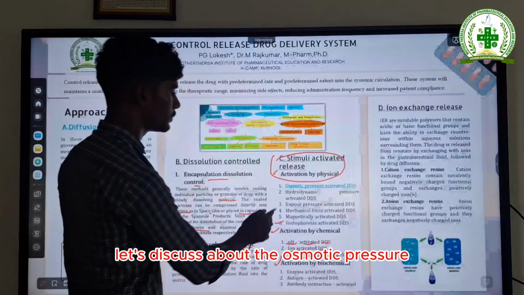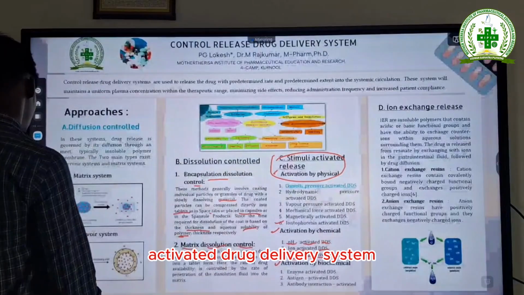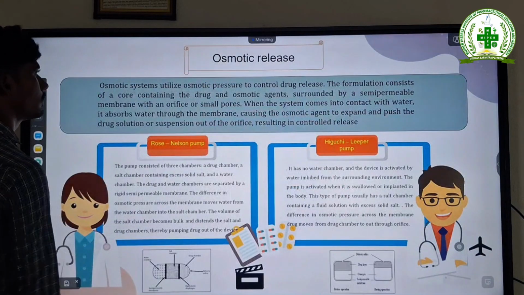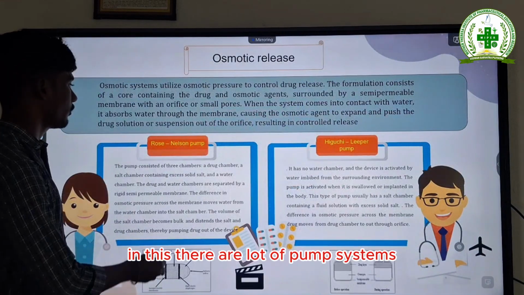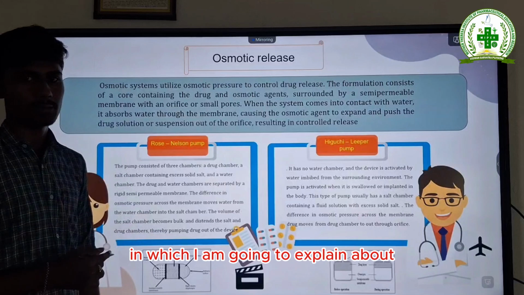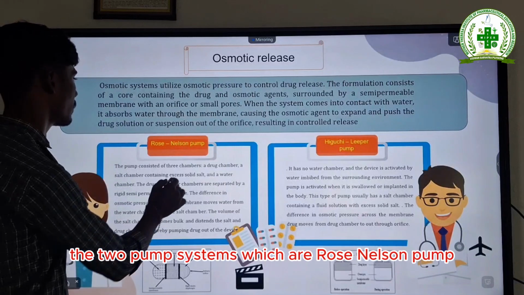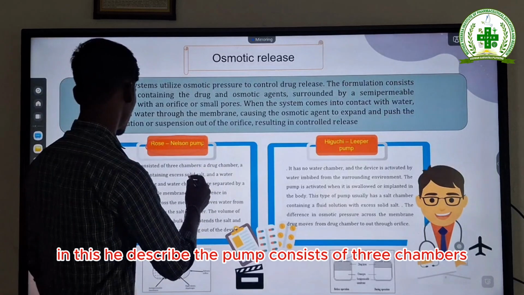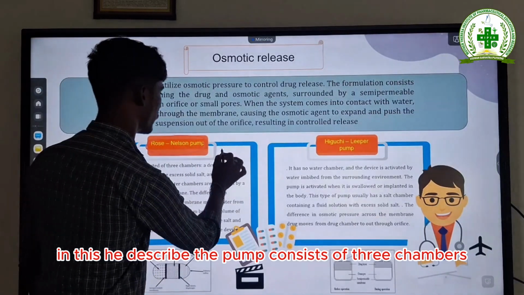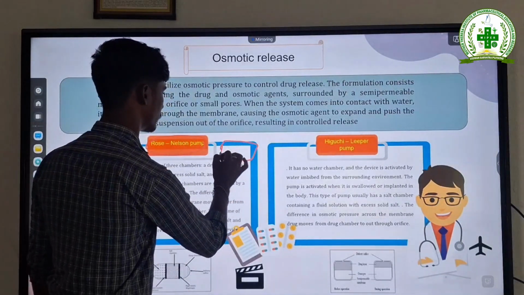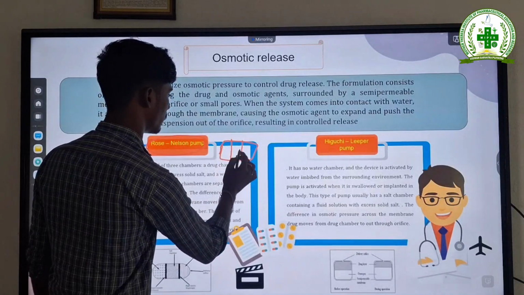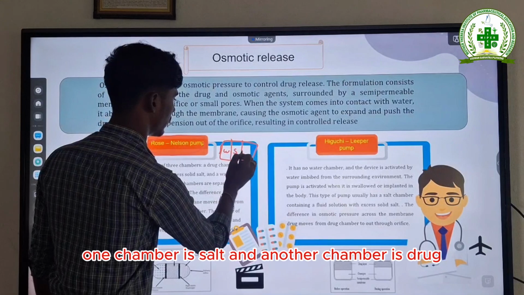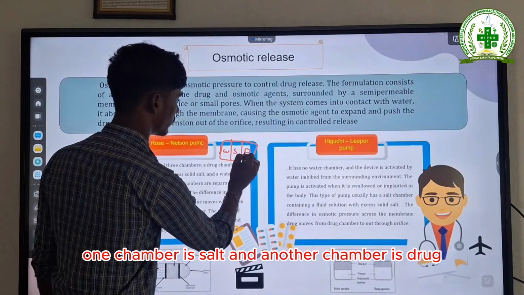Let's discuss the osmotic pressure activated drug delivery system. In this, there are a lot of pump systems, of which I am going to explain two, the first being the Rose-Nelson pump. In this, the pump consists of three chambers, in which one chamber is water, one chamber is salt, and another chamber is drug.